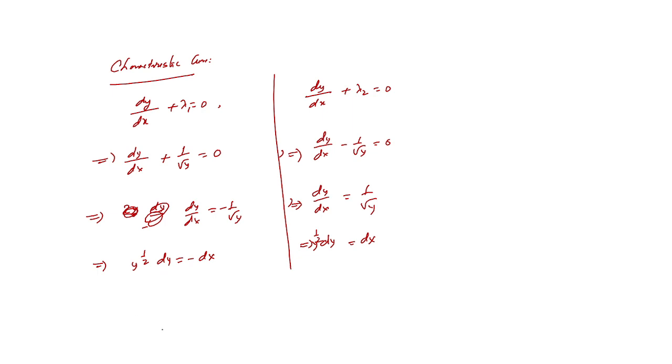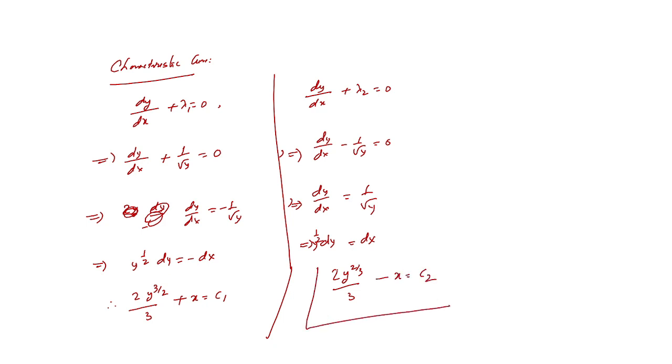Now on integration, what do we get? We get 2y^(3/2)/3 + x = c1, and here you get 2y^(3/2)/3 − x = c2. So this is one characteristic curve, this is another characteristic curve.